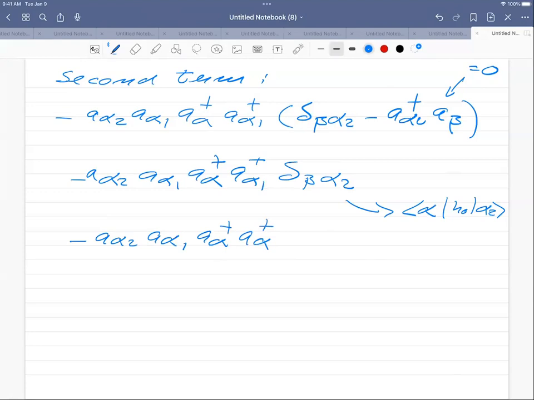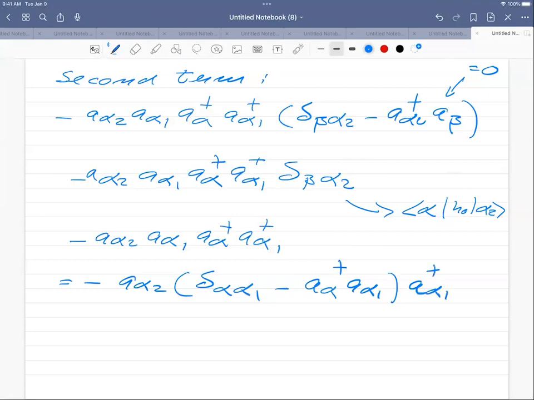So we can now repeat the same exercise by changing A alpha 1 with A alpha. So this is simply going to be equal to minus A alpha 2. And then I have a Kronecker delta, which says that alpha is equal to alpha 1, minus, and then I'm going to have an A alpha dagger, and then an A alpha 1 acting on this A alpha 1 here, like this.